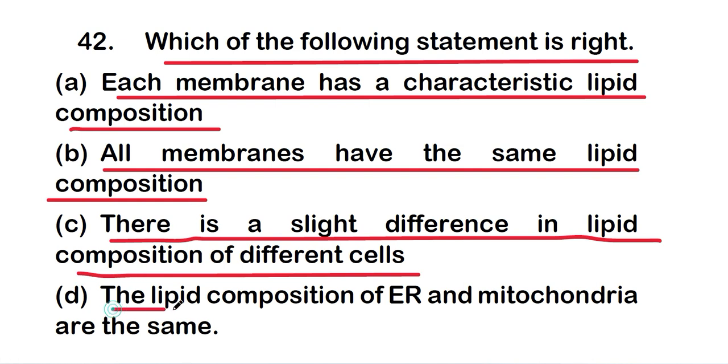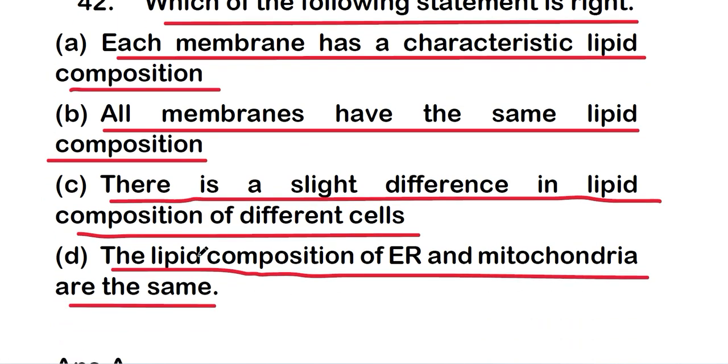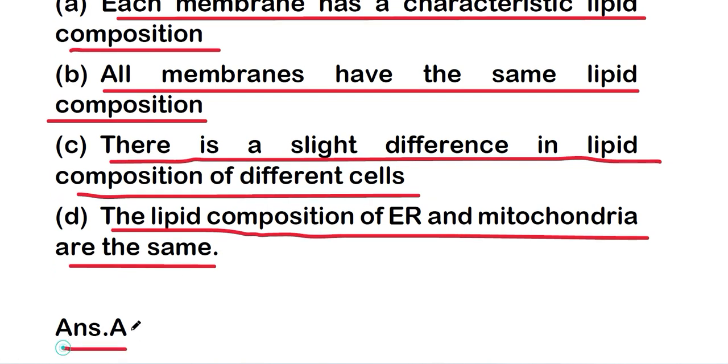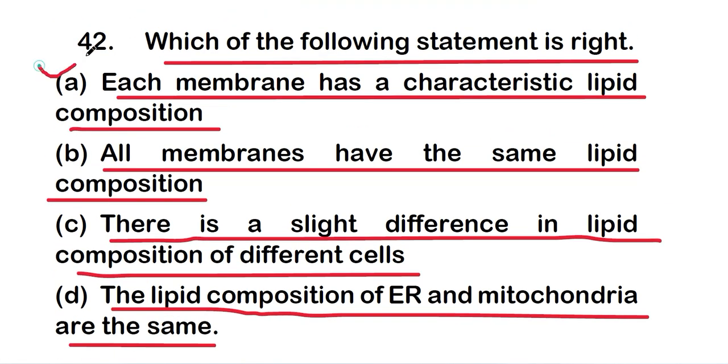And option D, the lipid composition of ER, that is endoplasmic reticulum, and mitochondria are the same. And the right answer is option A, that is each membrane has a characteristic lipid composition. So this is the right statement among all of these four statements.